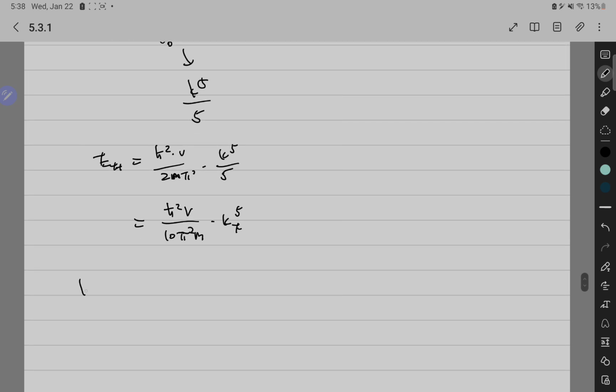And we know that kF to the power 3 is equal to 3 pi squared times p, where p is the electron number density. Then we know that k to the power 5 is equal to k cubed to the power 5 over 3. Then this is going to be equal to 3 pi squared times p to the power 5 over 3. It's going to be our k to the power 5th.